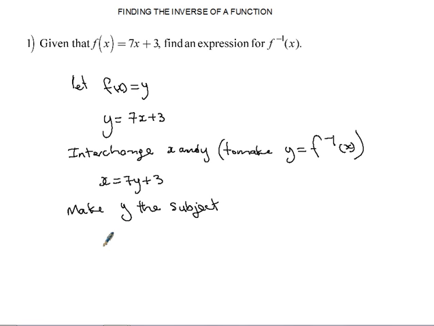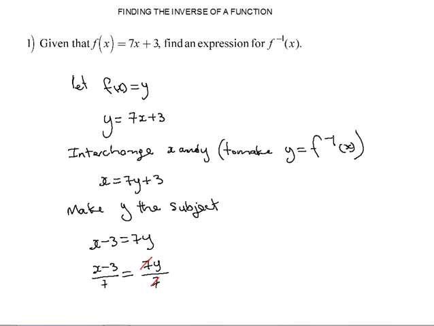So making y the subject of this, we simply take away 3 from each side, right? So we'll have x minus 3 is equal to 7y. Then we'll have to divide through now by 7. So x minus 3 over 7 is equal to 7y over 7. And we did that so that we can cancel the 7.